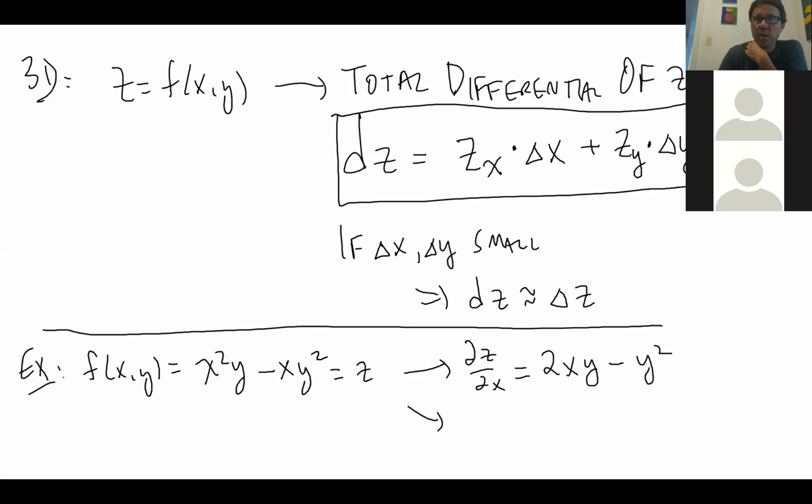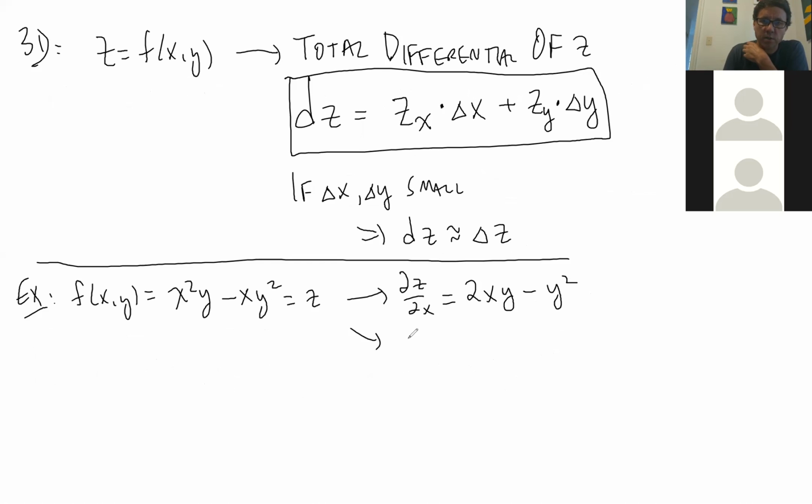And then the partial derivative in the y direction will look pretty similar. dz/dy. We take the derivative with respect to y. The x's are constant, so we just get x squared. Take the derivative of the second one, we get minus 2xy, or x times 2y. The same thing.